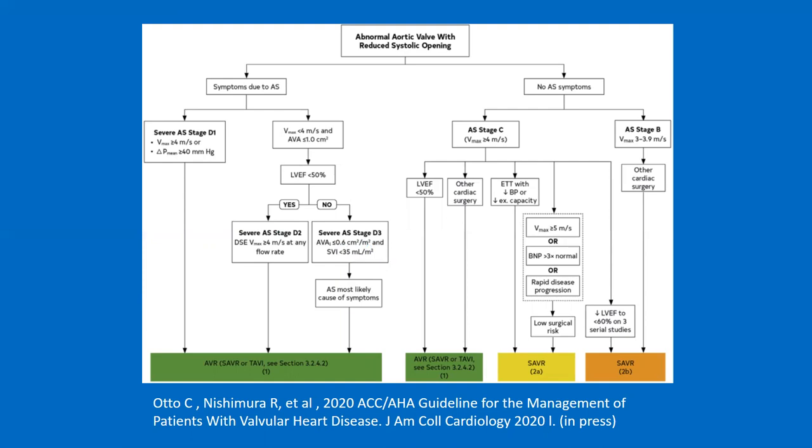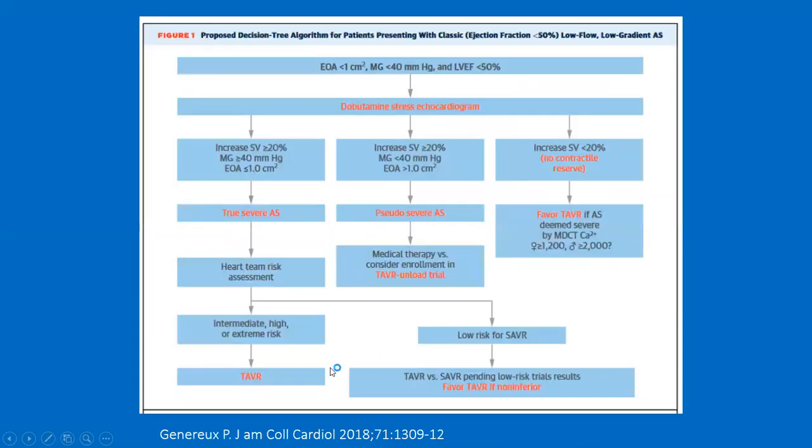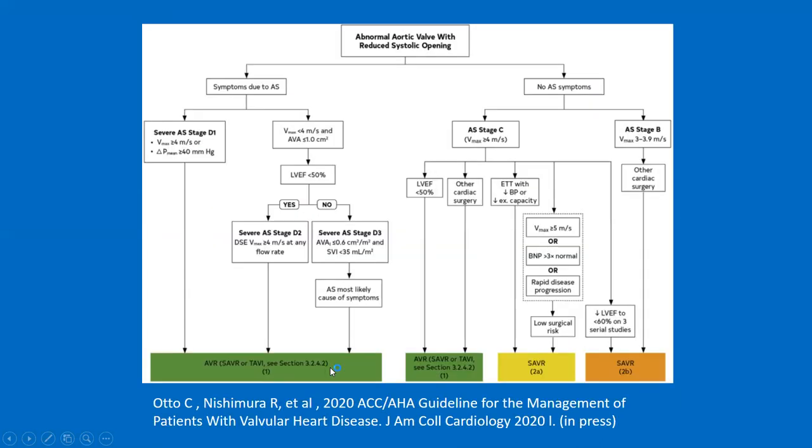If these symptoms are really related to aortic stenosis, this is a class 1 indication for aortic valve replacement. Remember, please, the value sometimes of the calcium score and projected aortic valve area also.